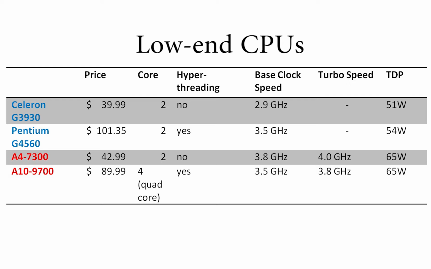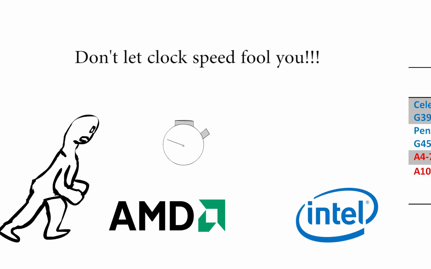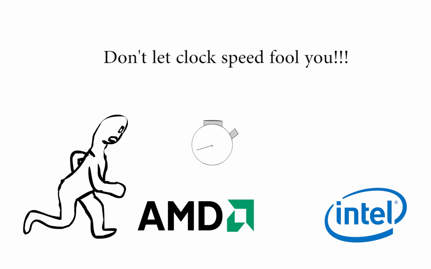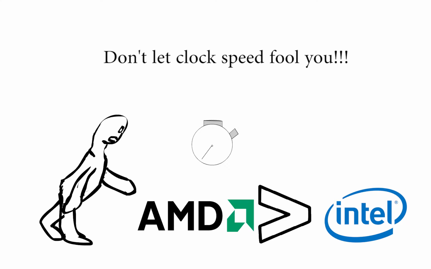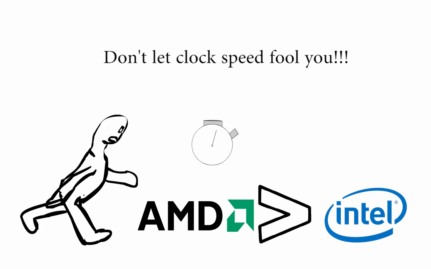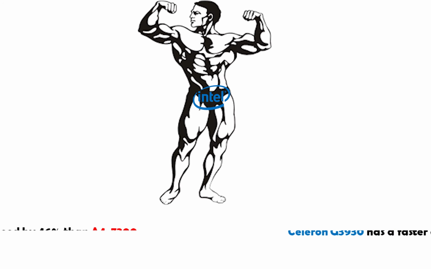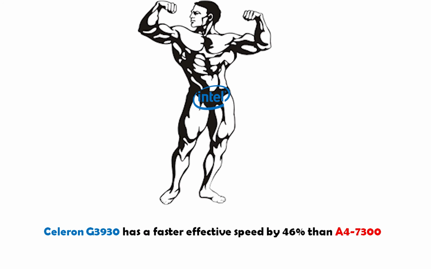Now, this is a great example of why you shouldn't let the high core clock fool you. It seems that AMD is better than Intel CPUs by looking at their clock speed in this sample. But based on the performance shown by the CPU benchmark, the G3900 has a faster effective speed by 46% than its rival.